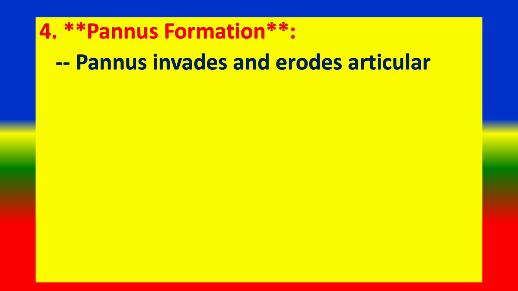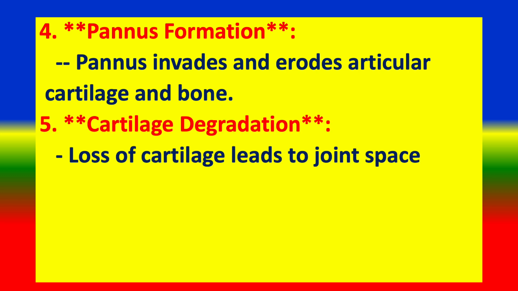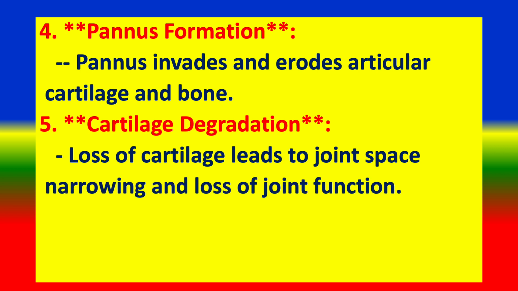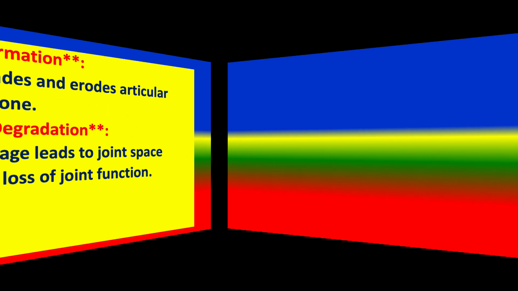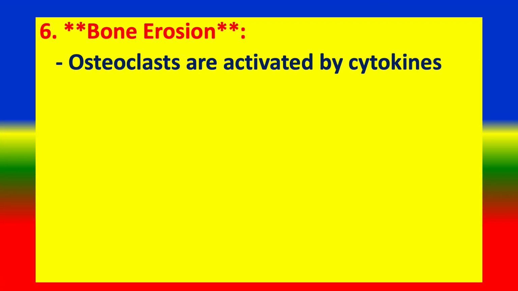Pannus formation. Pannus invades and erodes articular cartilage and bones. 5. Cartilage degeneration. Loss of cartilage leads to joint space narrowing and loss of joint function. 6. Bone erosion.